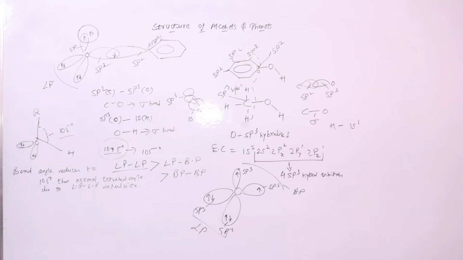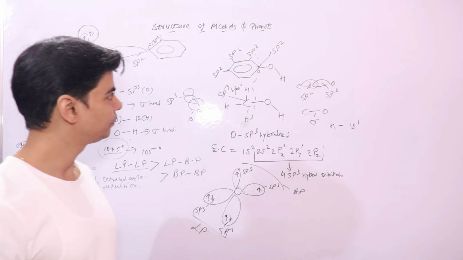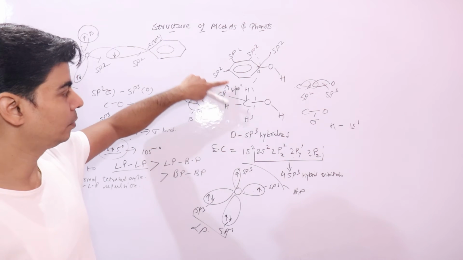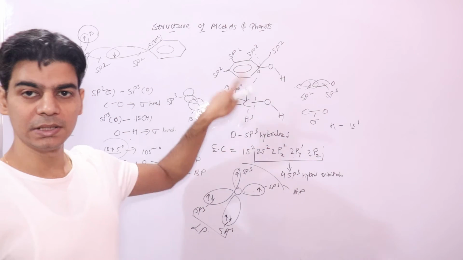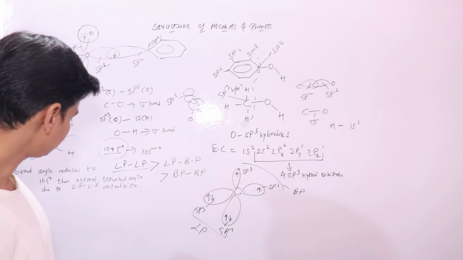Now let's look into other properties. Or let's first look into the effect of the methyl group and the effect of this benzene ring on the structure of alcohols and phenols.